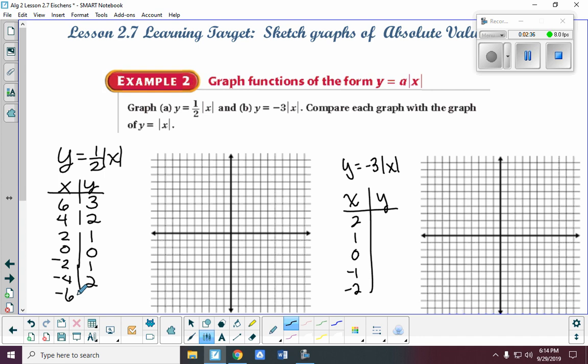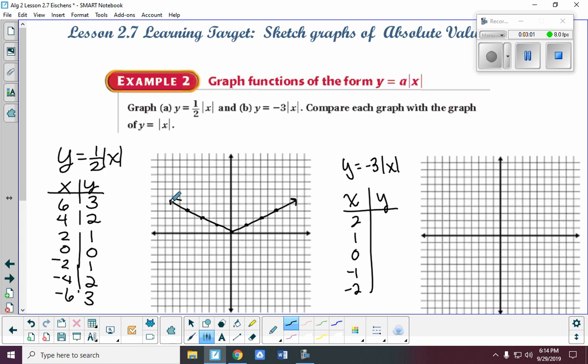And negative 6, the absolute value of that is 6 times 1/2 is 3. And if we plot that, we have (6, 3), (4, 2), (2, 1), (0, 0), (-2, 1), (-4, 2), and (-6, 3). And so this is how the graph of that equation is going to look.